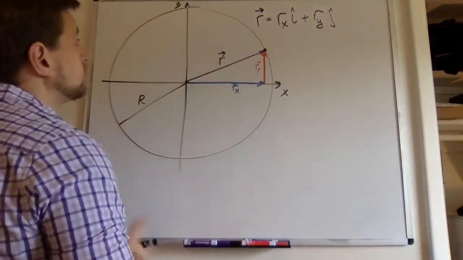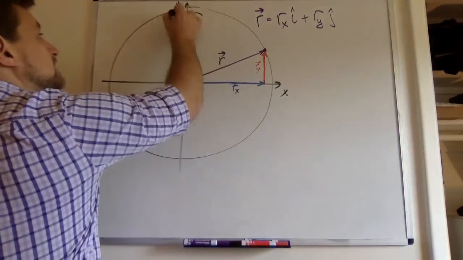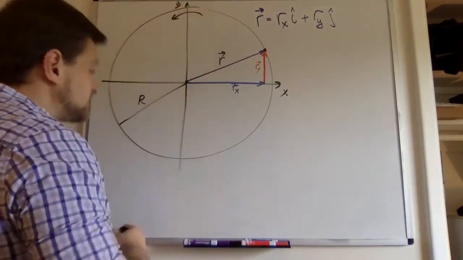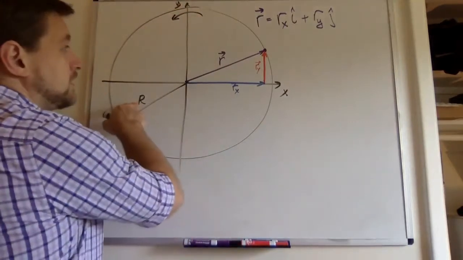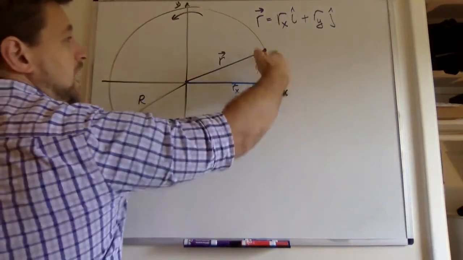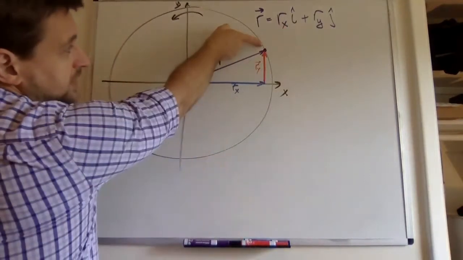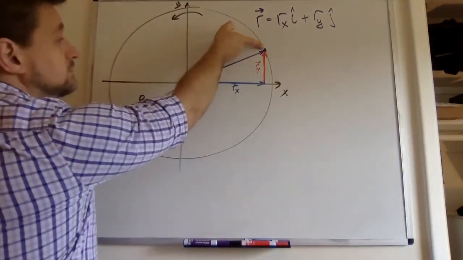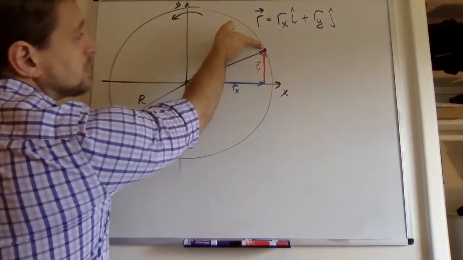Let's, for simplicity, assume that it is counterclockwise motion in a circle of radius r. The object in question is some point object that lives on the circumference of the circle.